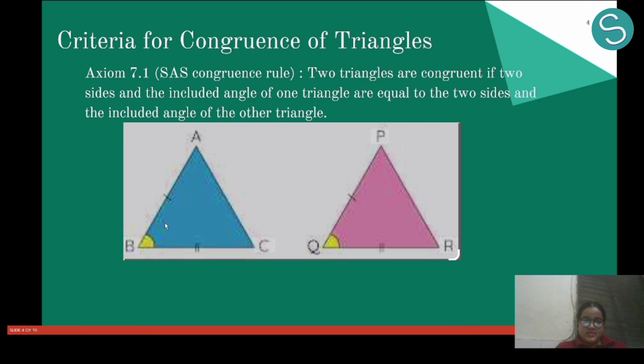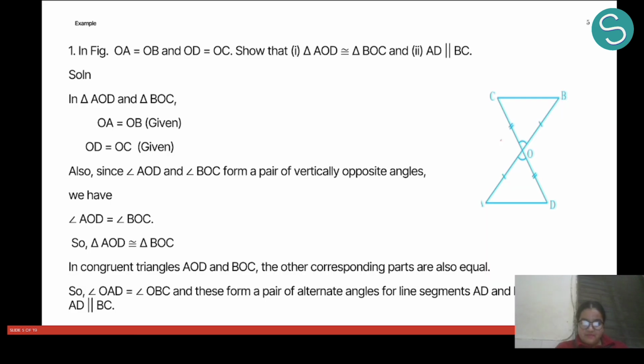So in this figure, in triangle ABC and triangle PQR, AB equals PQ, angle B equals angle Q, and side BC equals QR. So two sides and the included angle of triangle ABC are equal to two sides and the included angle of triangle PQR. So they are congruent by the SAS criterion.